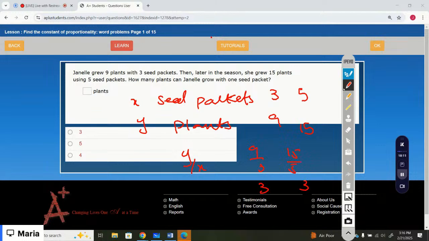So that means option number 1 is the correct option, that is 3.